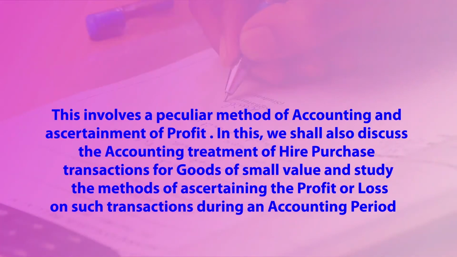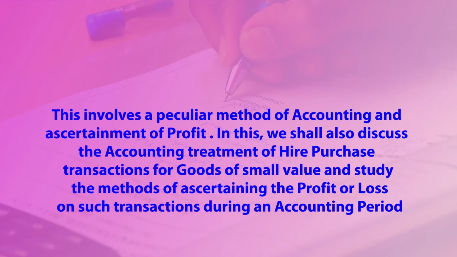This involves a peculiar method of accounting and ascertainment of profit. We shall also discuss the accounting treatment of hire purchase transactions for goods of small value and study the methods of ascertaining the profit or loss on such transactions during the accounting period.